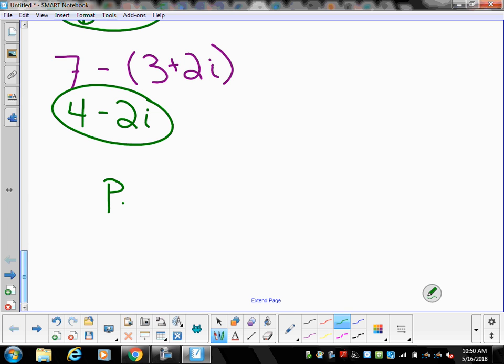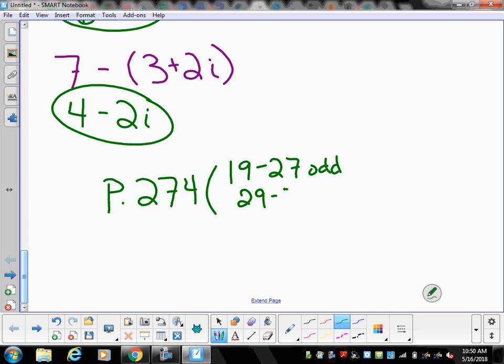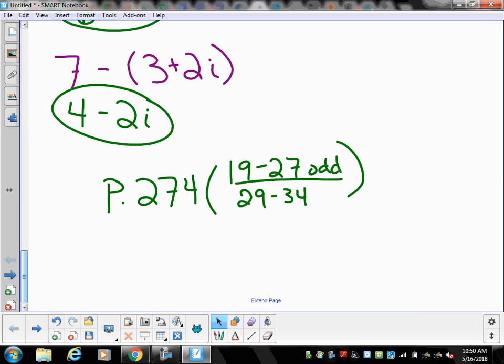All right. So back to page 2 with 74. Let's see how I want to do this one. We got 19 through 27 odd, and then 29 through 34. So you know what kind of stuff.